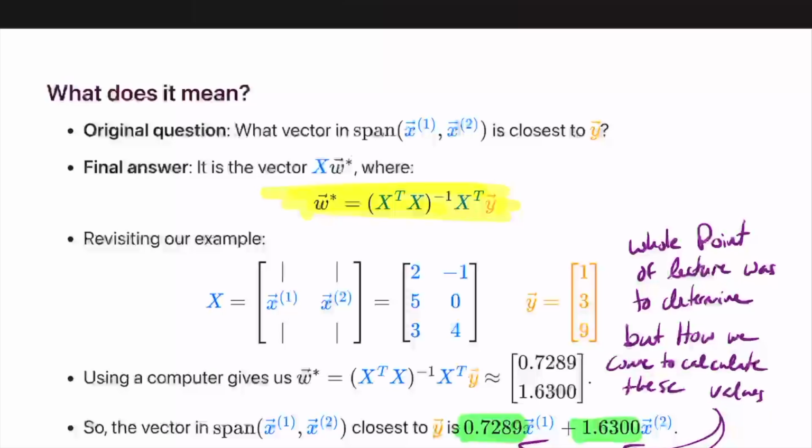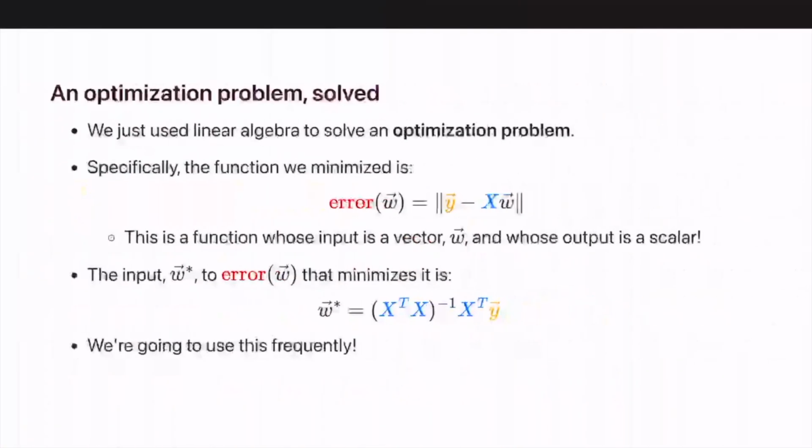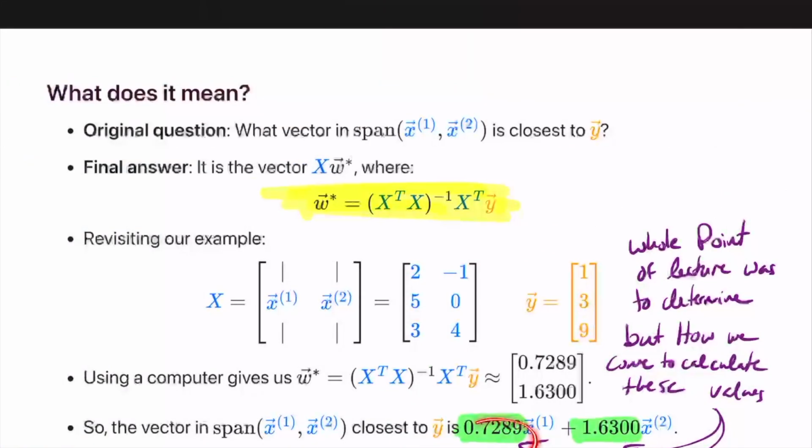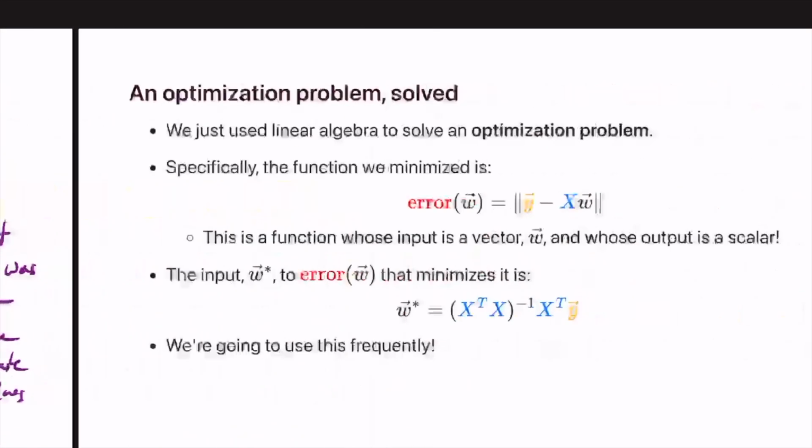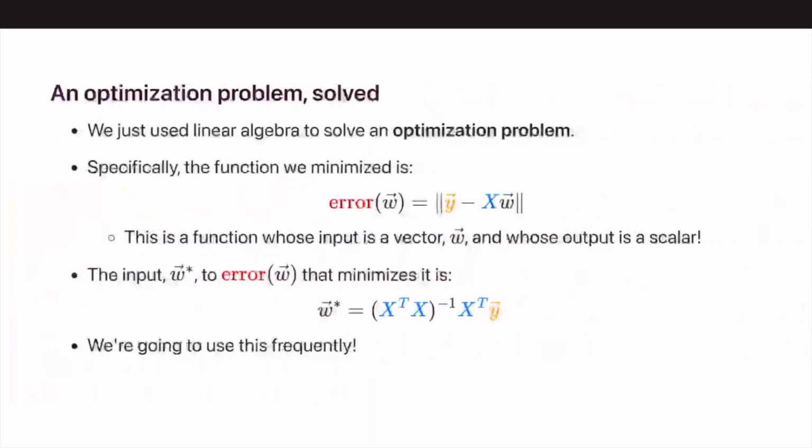And maybe one last quick thing to remember is, not only do we try to find out what these numbers are and how to calculate them, but the goal was to solve an optimization problem, and that's really what we've done.